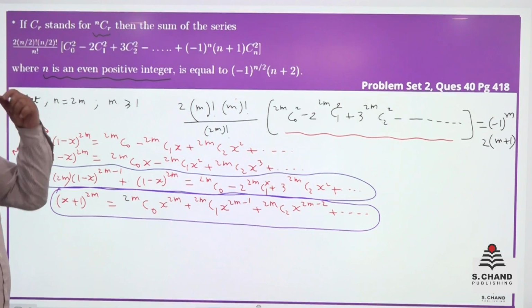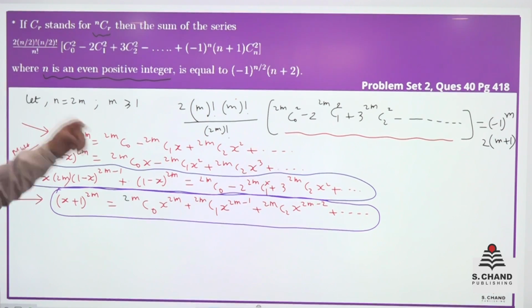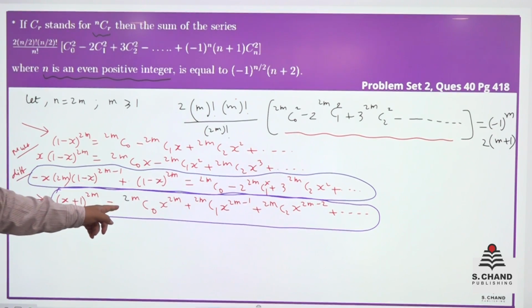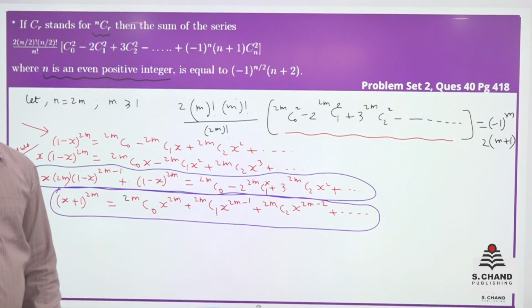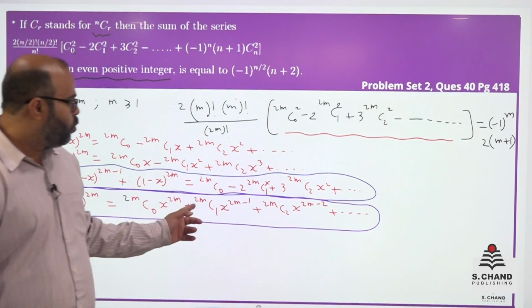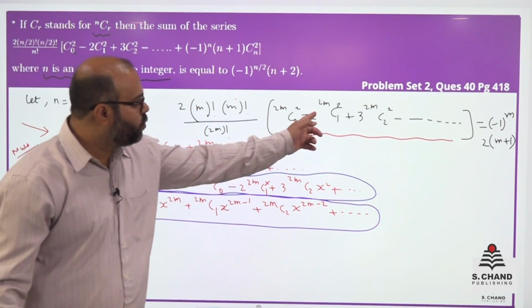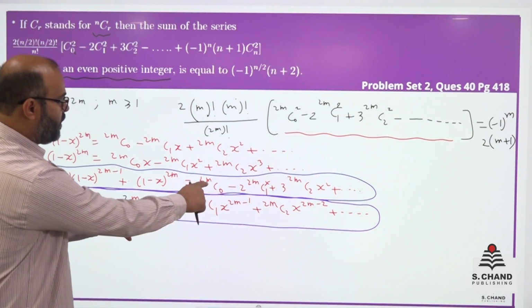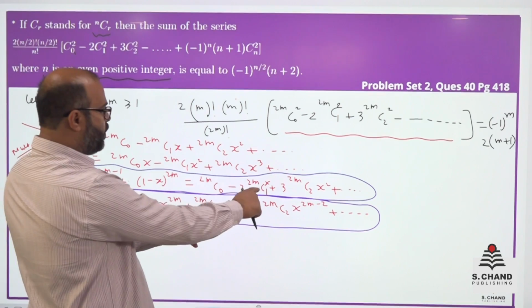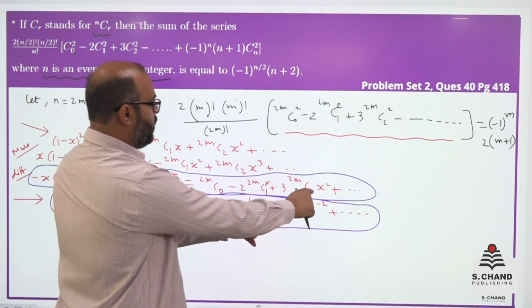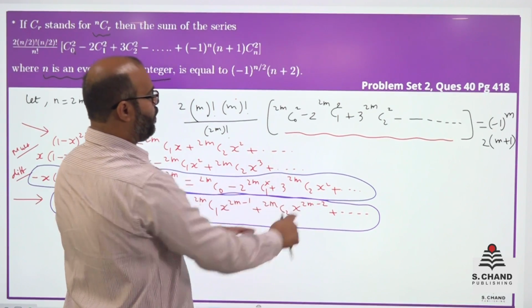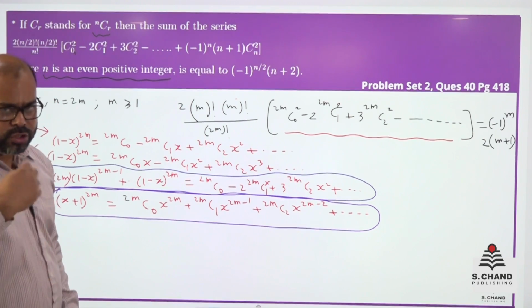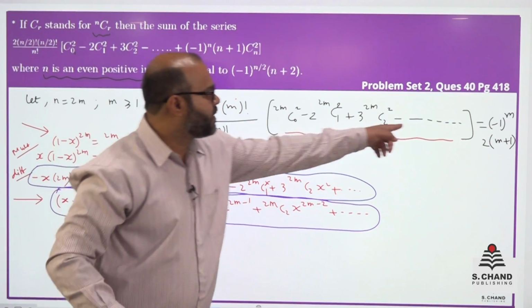So when you see these two series, if you multiply them, 2m c0 square will be the coefficient of x to the power 2m. 2m c1 square into minus 2 will be the coefficient of x to the power 2m again. This multiplied with this, x to the power 2m. This multiplied with this, x to the power 2m. This multiplied with this, x to the power 2m. And all the coefficients of x to the power 2m is nothing but this.